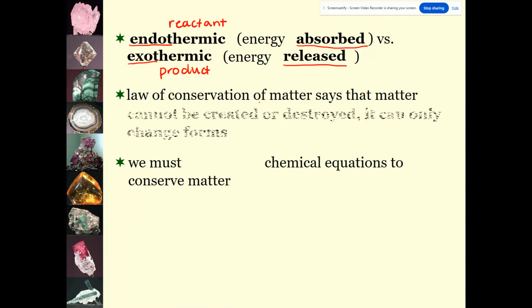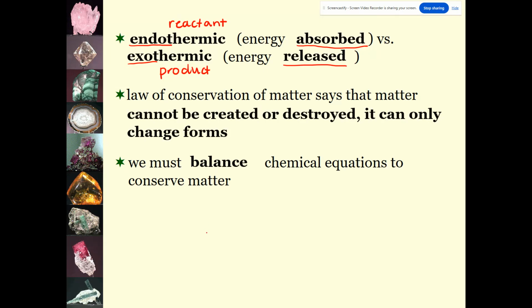Okay? Now, whenever we write our reactions, we also have to make sure we're balancing the reaction. Balancing coefficients are what we use to make sure the number of atoms on each side of the equation are equal. As we go through some examples, we'll look at balancing an equation.